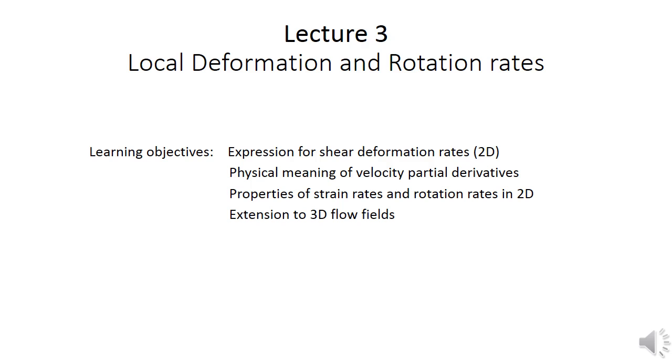Then we will move on to examining some very peculiar and interesting properties of strain rates and rotation rates, again in two dimensions, and we will end this third lecture by extending the ideas that we have evolved in two dimensions onto the three-dimensional flow fields.